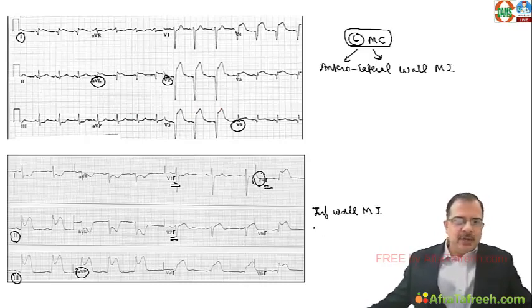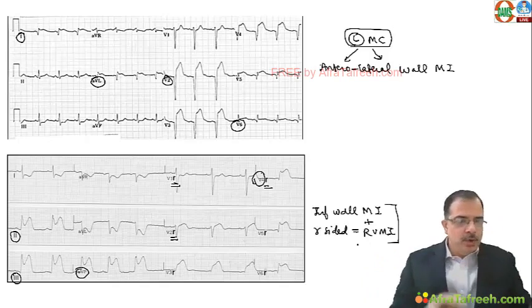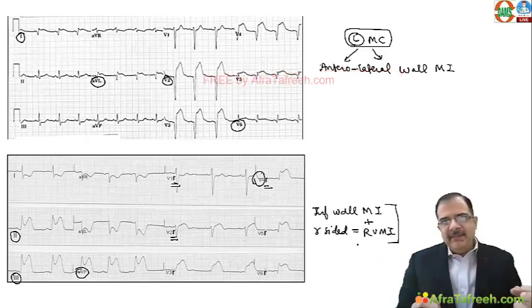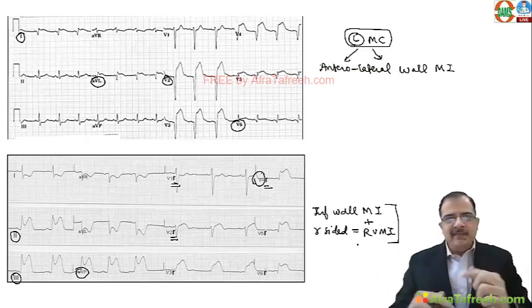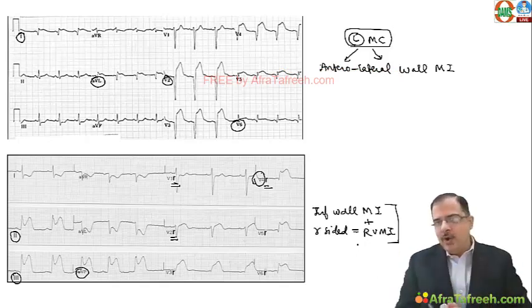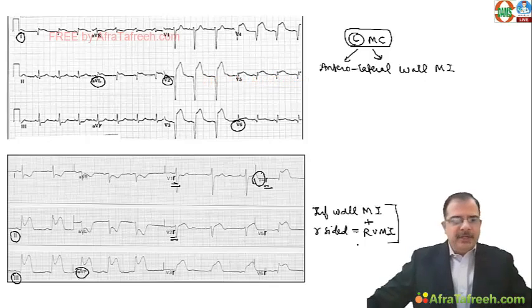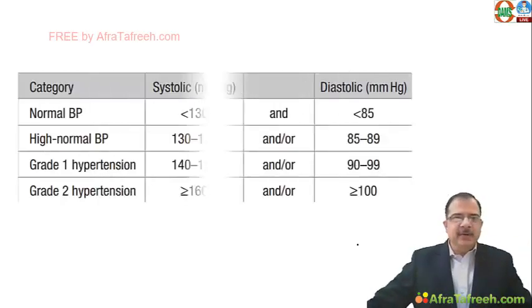So right-sided leads also show ST elevation. So it is an inferior wall MI plus right ventricle MI, because they are supplied by the same artery. So always be careful: whenever inferior wall leads show ST elevation, always try to identify whether the right-sided leads are given or not, because the combination of right ventricle wall and inferior wall is there.